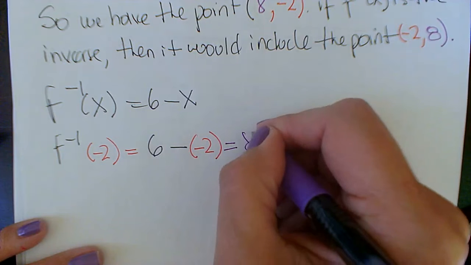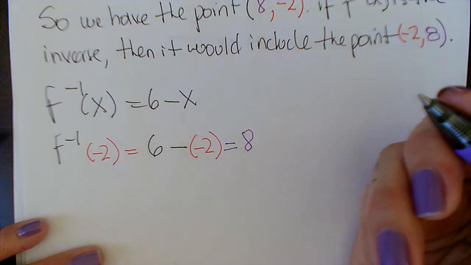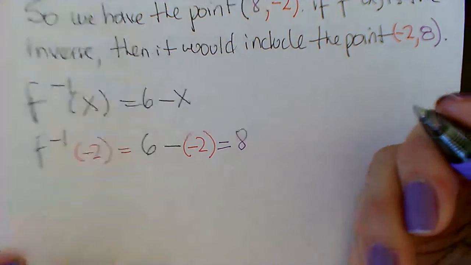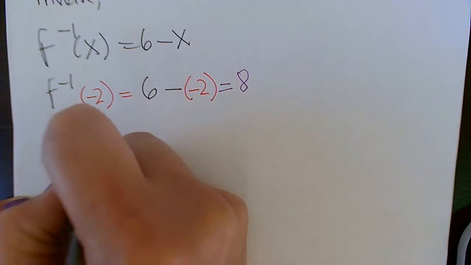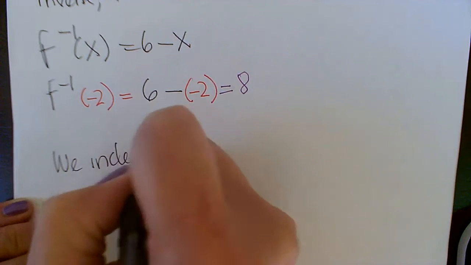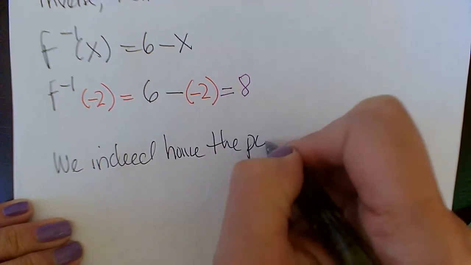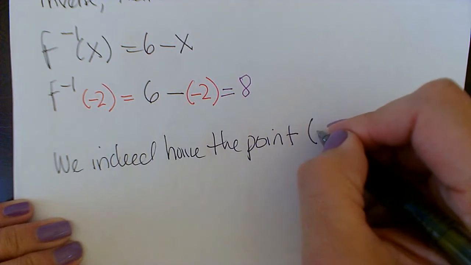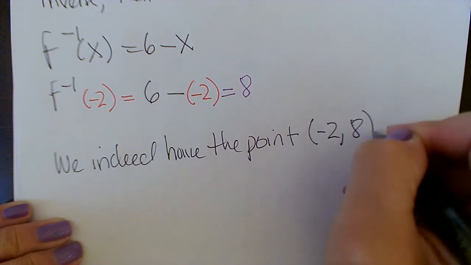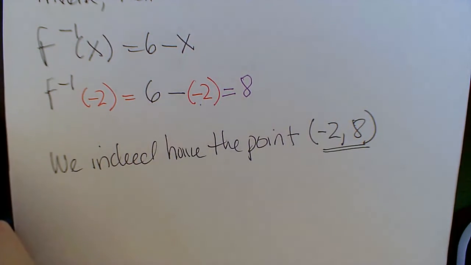I get 8. So we indeed have the point -2, 8. So it does work for both. That's how we know we found the inverse.